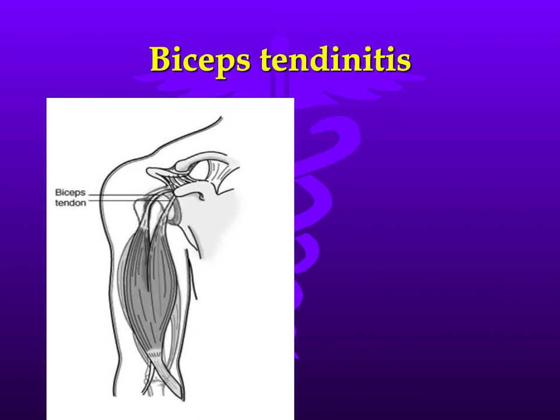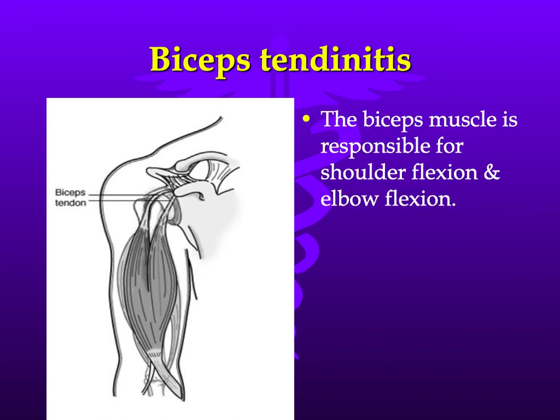Biceps tendonitis, as you can see in that picture, the bicep muscle attaches on the scapula, and one part of the bicep tendon goes between the bicipital groove and the humerus.